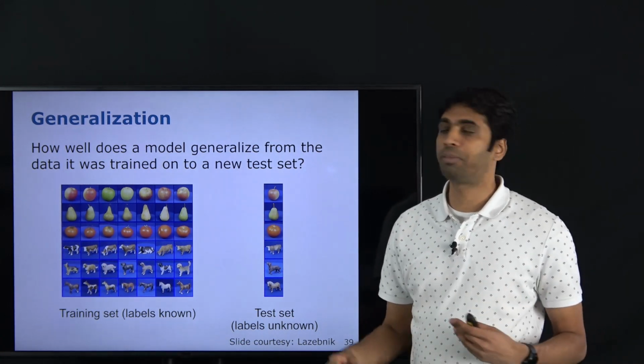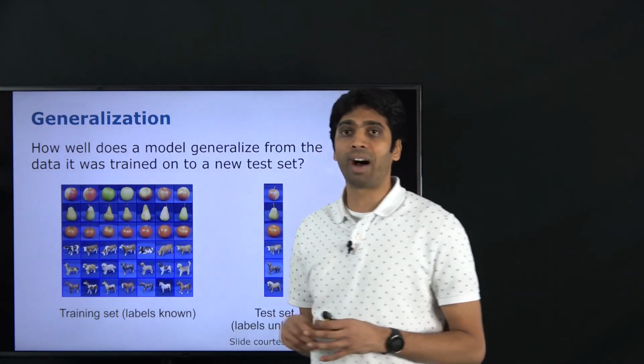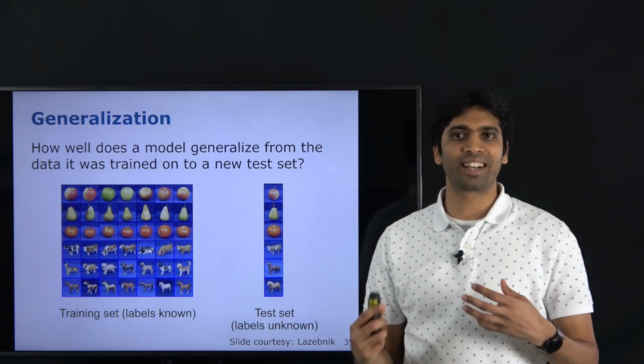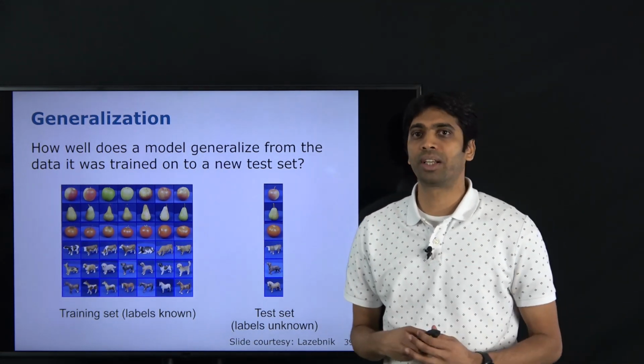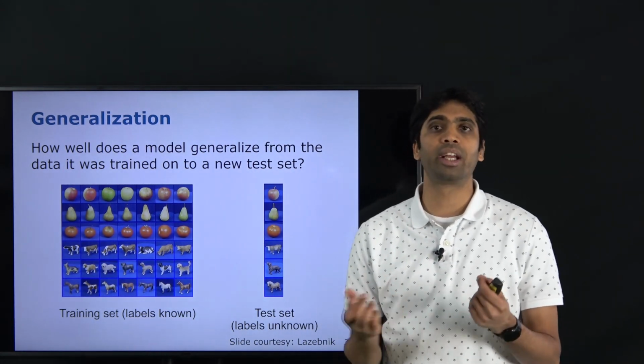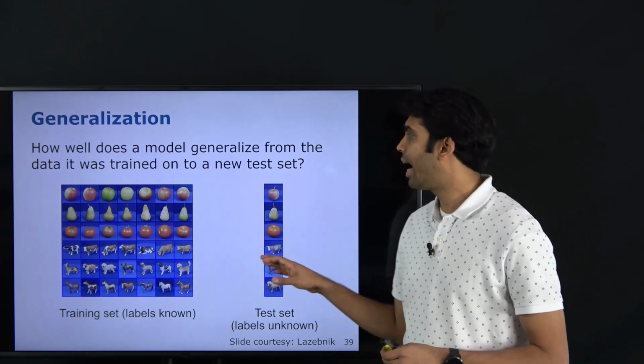Of course, there are certain assumptions. Your apple should roughly look like the apples that you have seen in the past. If not, it would be very, let's say, unfair to expect that a classifier would work. But of course, it should work for newer images which are at least similar looking to the training set that we have seen.